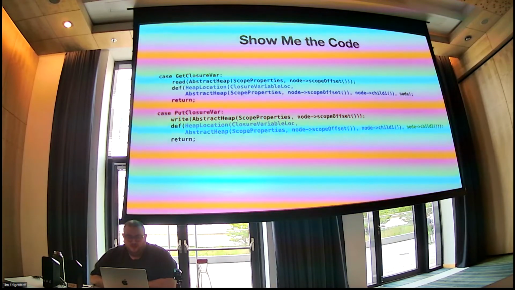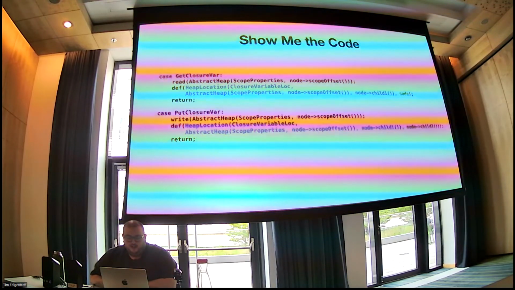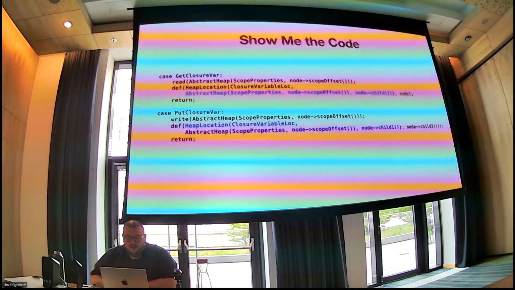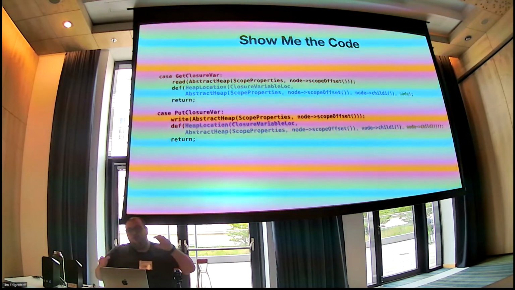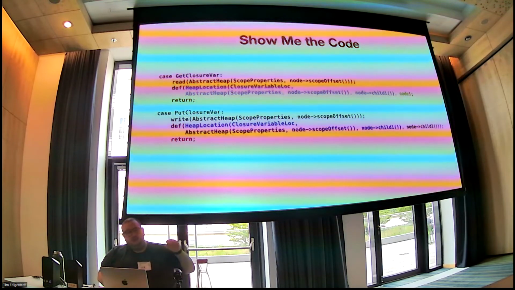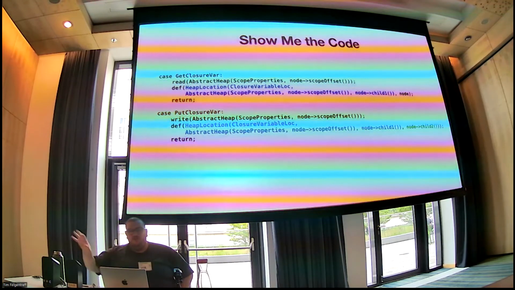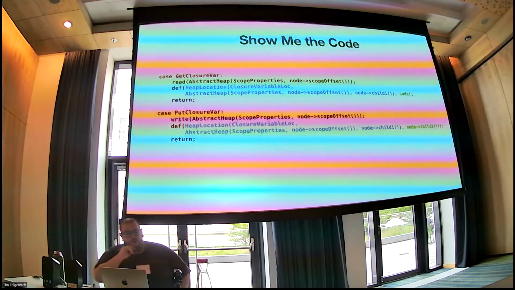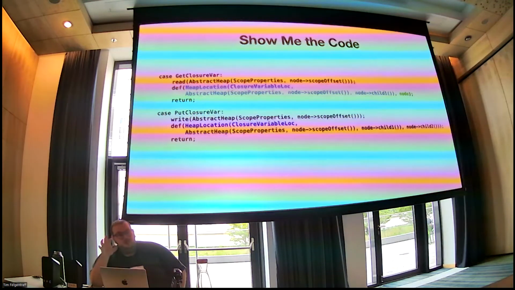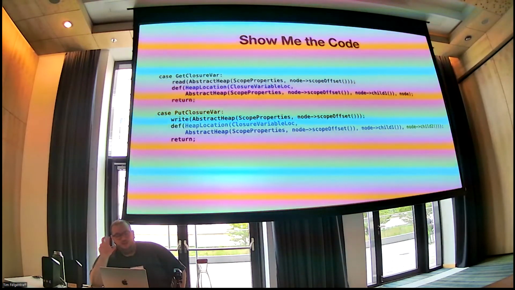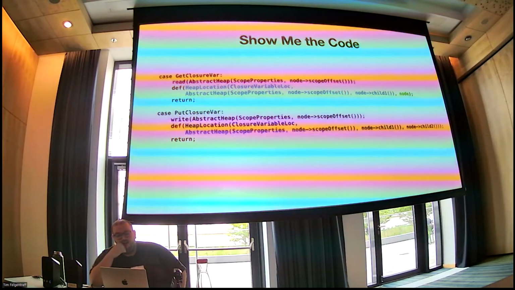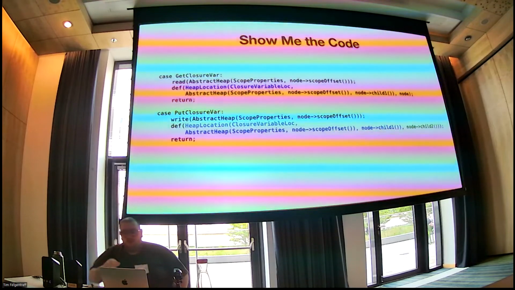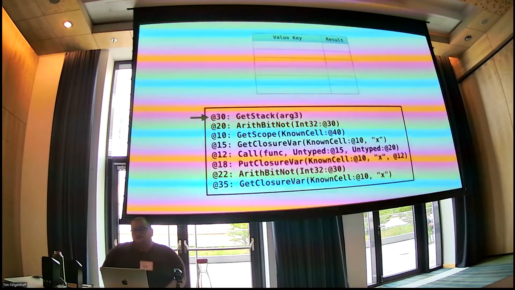So for get closure var, we're saying that the abstract heap scope properties and the variable X, given the scope node that's represented by the data flow edge child1, will produce the value node. And for put closure var, of course, it's not a value producing node in the IR, but we know what we're writing into the scope. So in that case, we say that child2, which is the value being stored, is what we define.